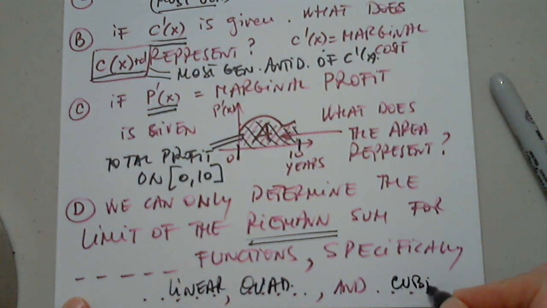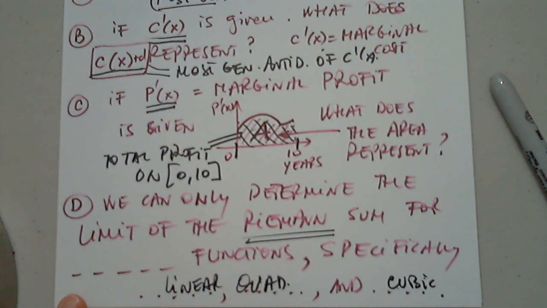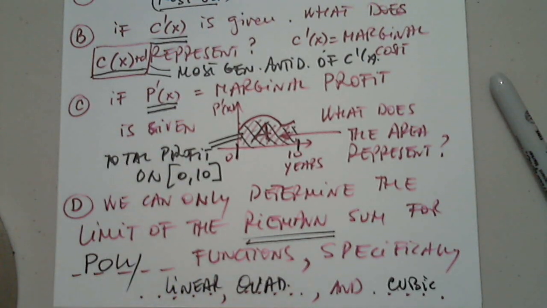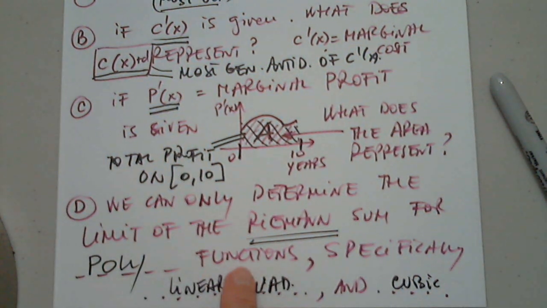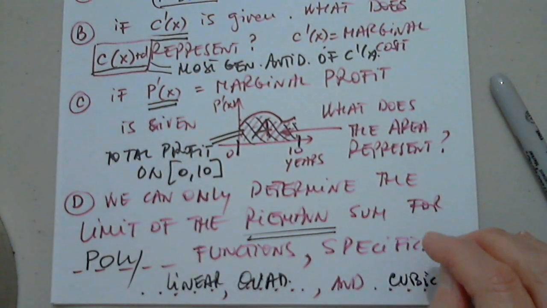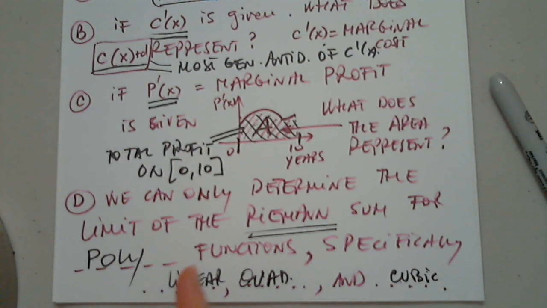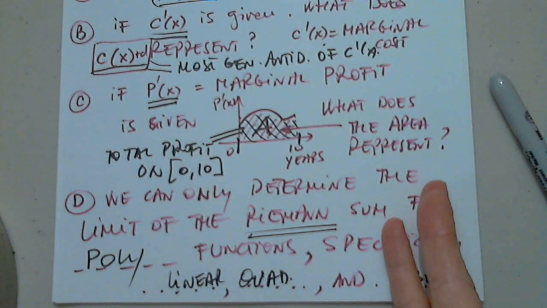Awesome. What are they called, all these three together? Polynomials? Polynomial functions indeed. So we are limited to polynomial functions. Specifically, only these three: degree 1, degree 2, degree 3.